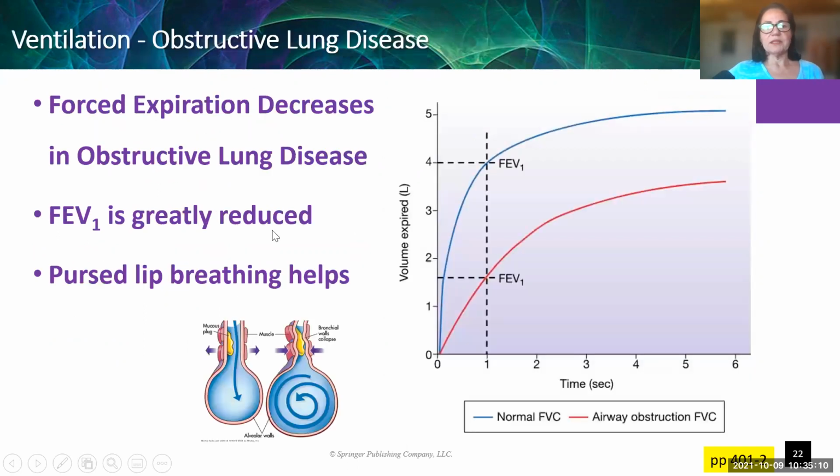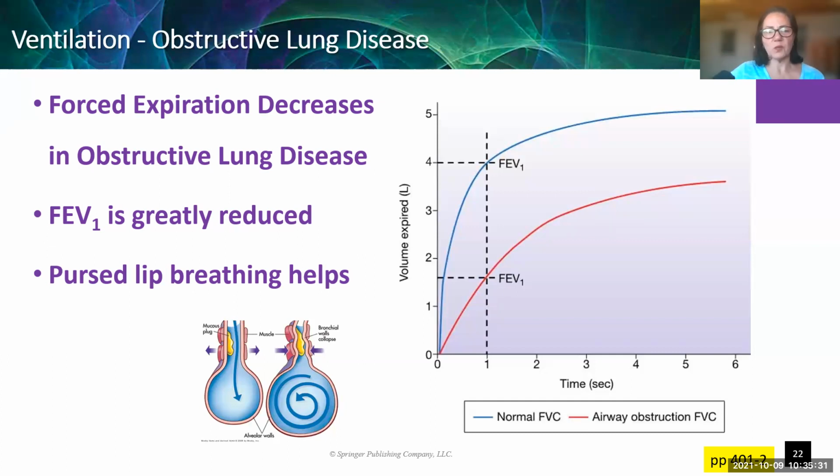Here is what happens with somebody with an obstructive lung disease. The forced expiratory volume in 1 second is tremendously reduced. That's as fast as they can get air out. And it's indicative that we're not getting good ventilation for this patient.